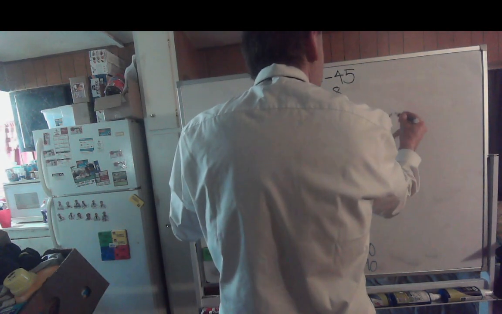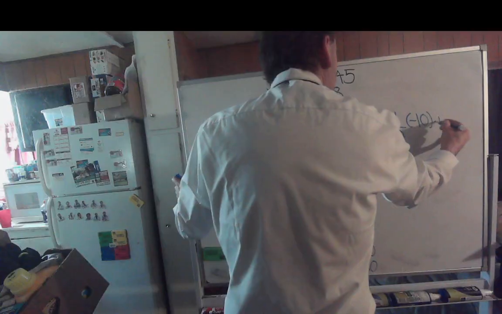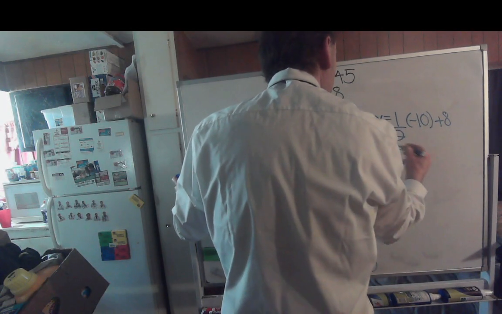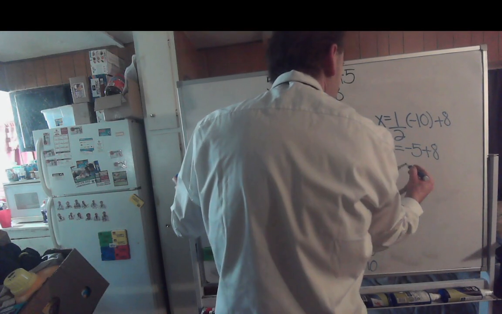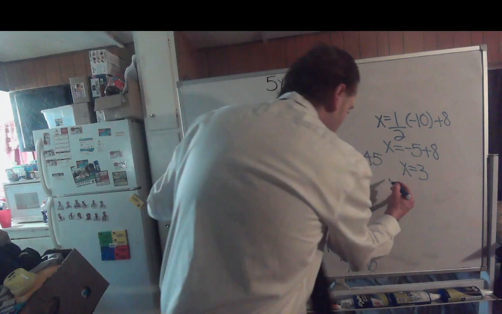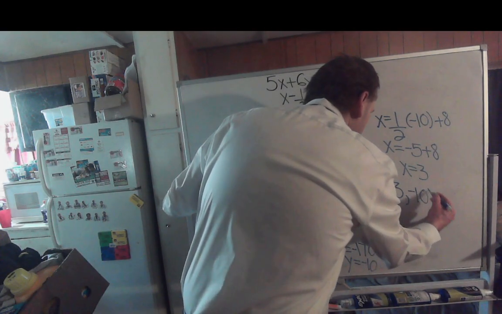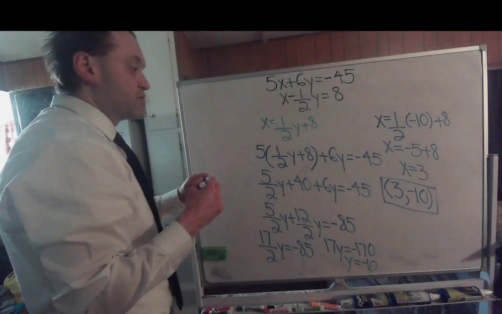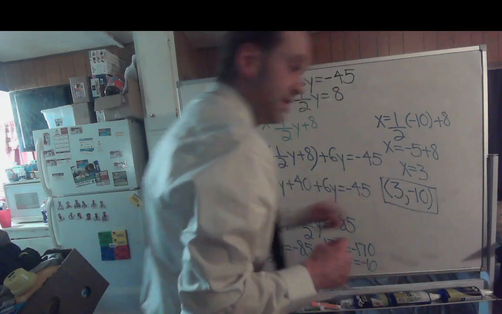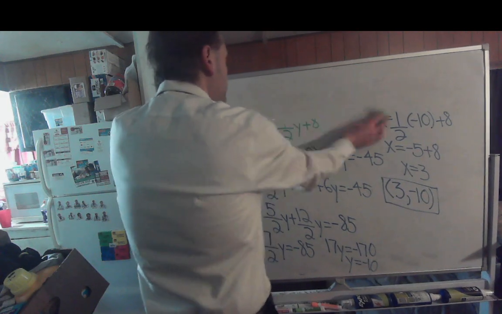So x equals 1/2 of negative 10 plus 8, which would end up giving you negative 5 plus 8, means you get an x coordinate of positive 3. So the ordered pair, that's the solution, would be at 3, negative 10. That is exactly where these two lines intersect, is going to be at the point 3, -10. Should have 3 more, then we're done.